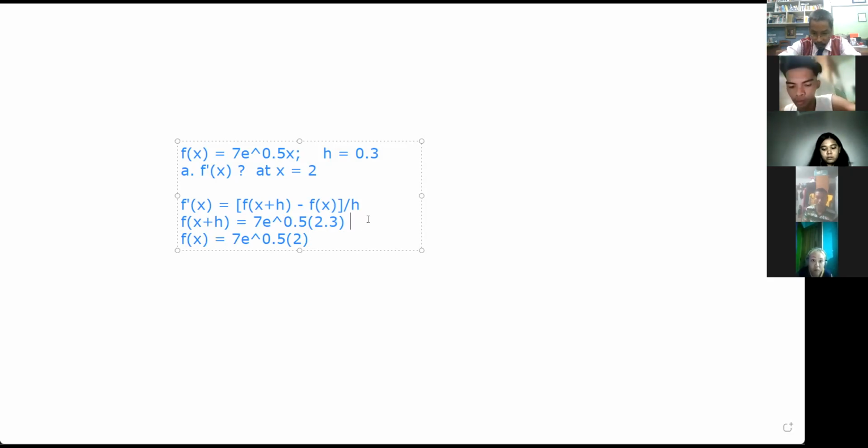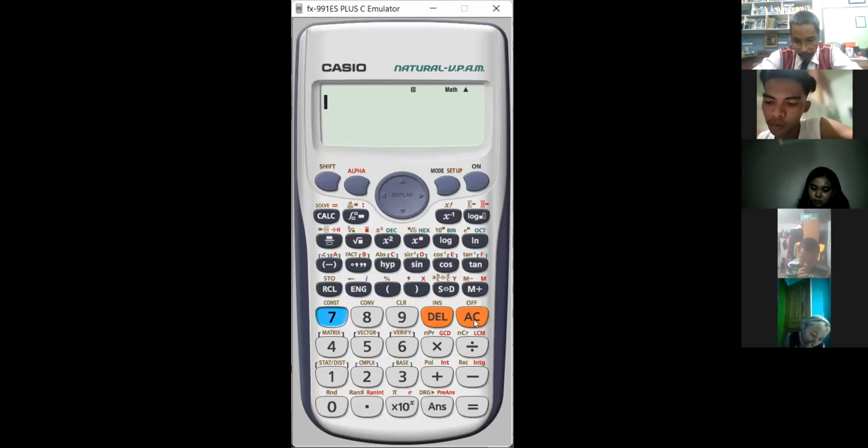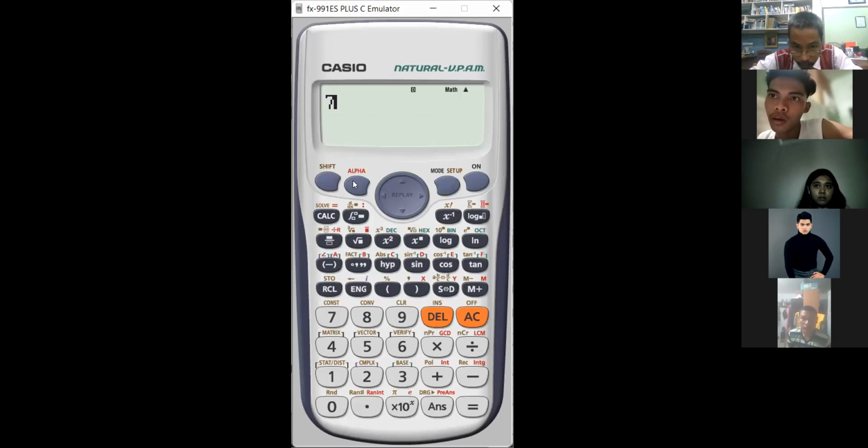So if you do this in your calculator, let us use our calculator. 7, then e. Look at your e: it is not the red Alpha. You have to press shift rather than alpha.